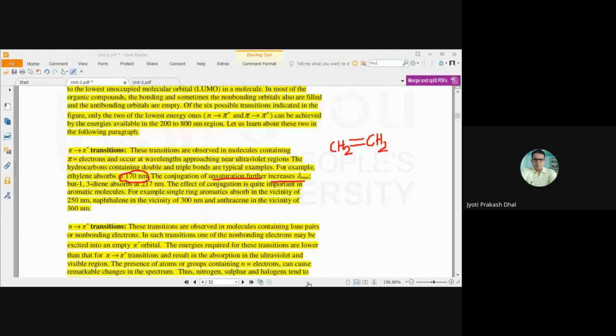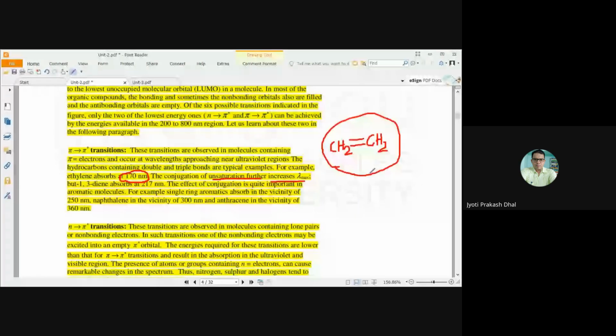Here the molecule contains one pi bond, so that's why the pi to pi star transition is possible for this molecule. Initially we also discussed that hydrocarbons containing double or triple bonds are typical examples of this type of pi to pi star transition.